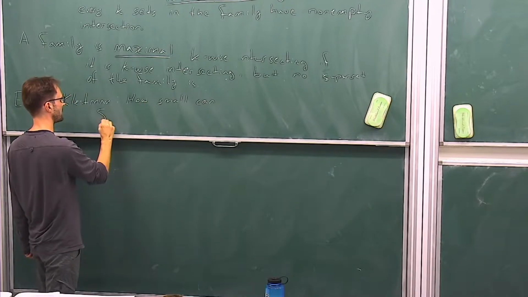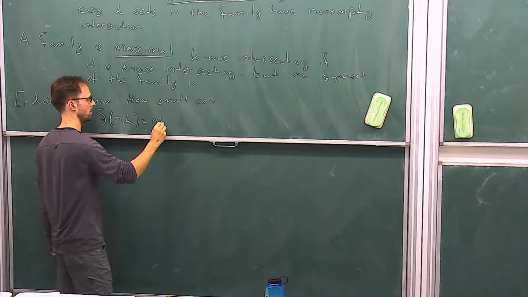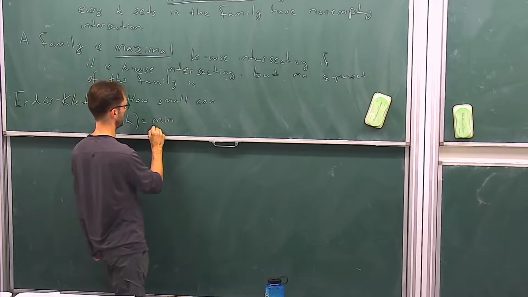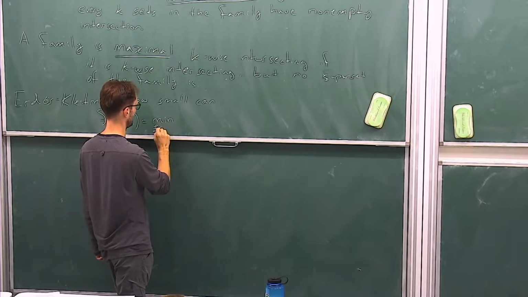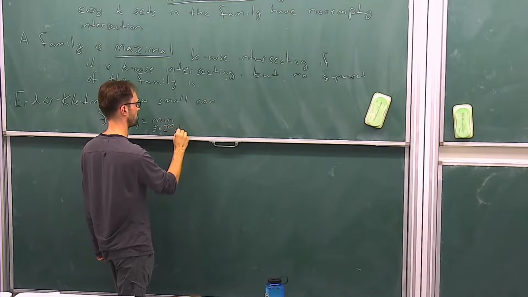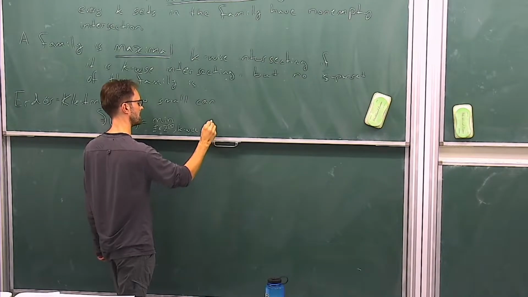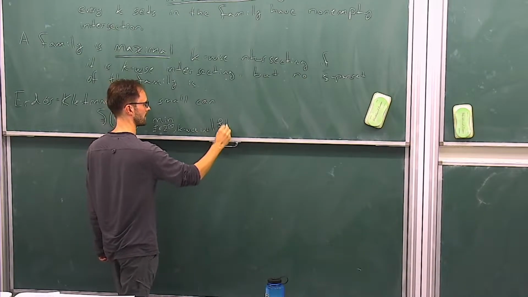I'm just going to use the notation f of n, k for the minimum, over families over a base set of size n which are k-wise intersecting, of the number of sets in the family.